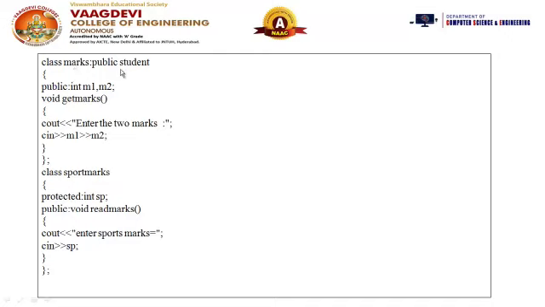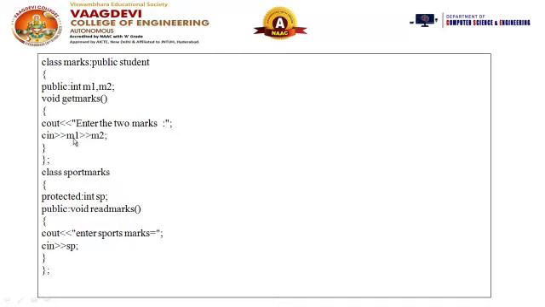The get marks function reads marks from the keyboard using the cin object and assigns them to the m1 and m2 variables. This is a declaration of another class named sports marks. The function read marks reads the value for the sp variable using the cin object.